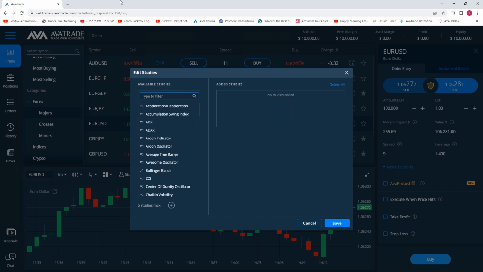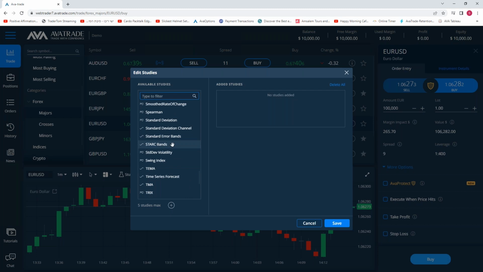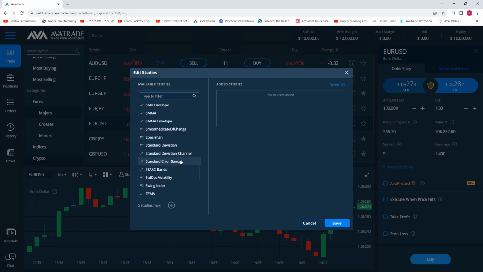You could see nothing here, or you can just scroll to letter S, and on the letter S you have starting here: staff, slow, SMA, simple moving average, smooth, standard deviation, then Stark, deviation, and swing.